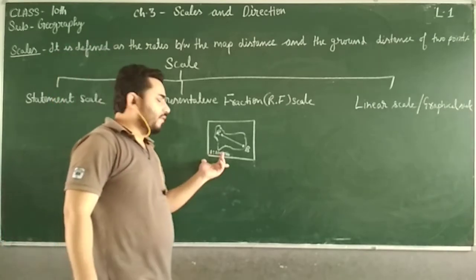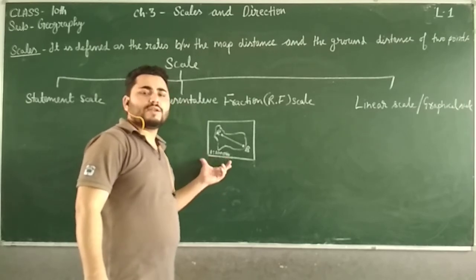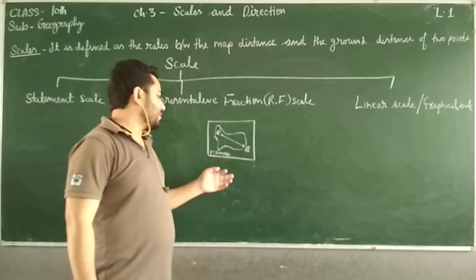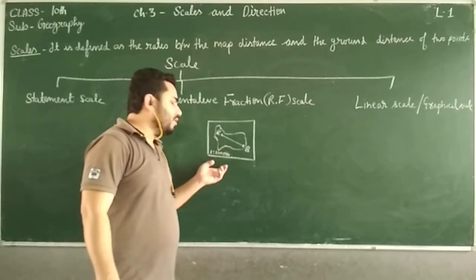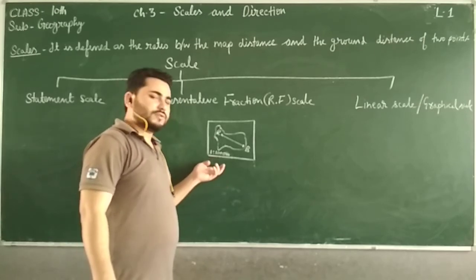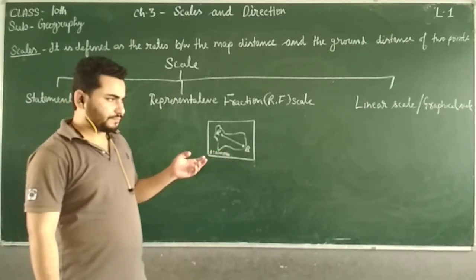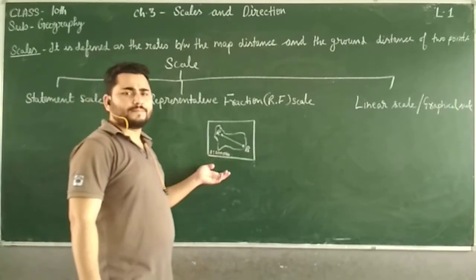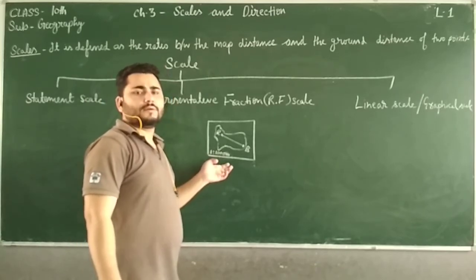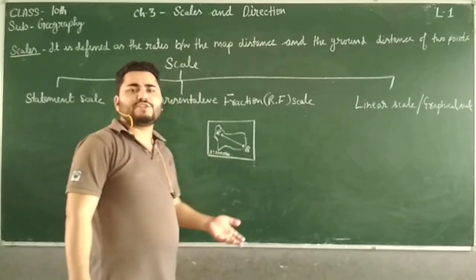It does not have any unit. Its advantage is that neither centimeter nor kilometer is written here. It is just a fraction, so it can be used anywhere in the entire world. In England, the FPS system is prevalent, foot and pound, whereas in India the CGS system is prevalent.